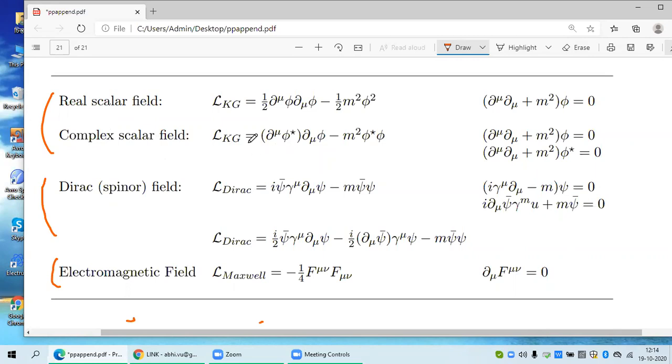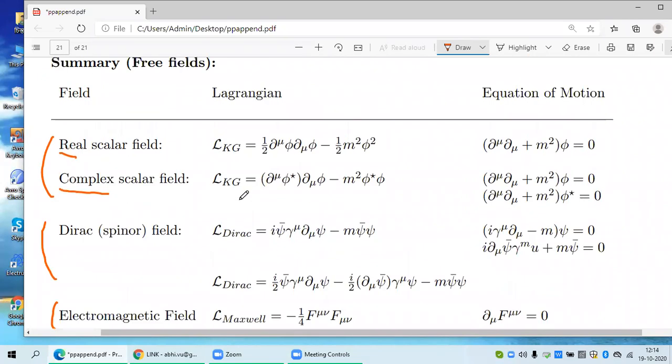So once you quantize this field, when you start studying quantum field theory, then you will realize what is actually the physical interpretation of these fields. What is the charge? What is the physical implication of complex and real in terms of particles? Okay, that you will see. So we will study first, then when the university opens, we will study the parity and charge conjugation transformations of these fields.